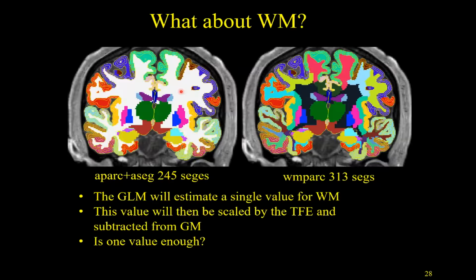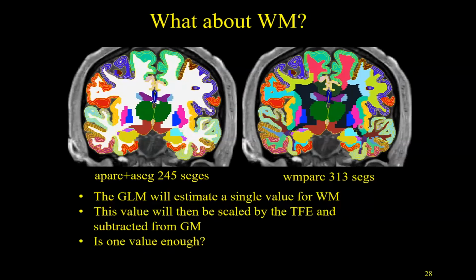And so the value that you might have in the middle of white matter might be very different than the value that you would have still in white matter, but close to cortex, depending upon what the vessels are. So that might not be a good thing to have.